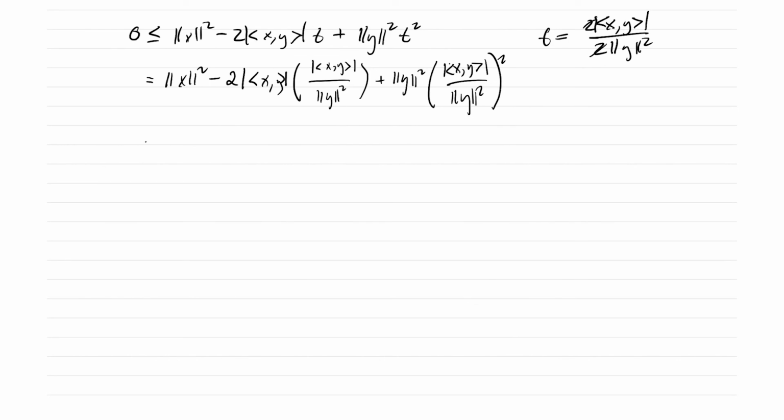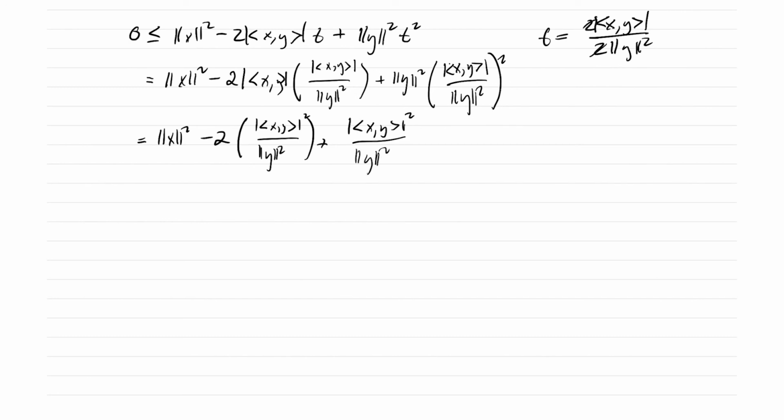So we can do some quick simplifications. The absolute value of x squared minus 2 times the absolute value of the inner product of xy squared divided by y squared on the bottom, plus putting this through, we get the inner product of xy squared divided by y squared on the bottom.